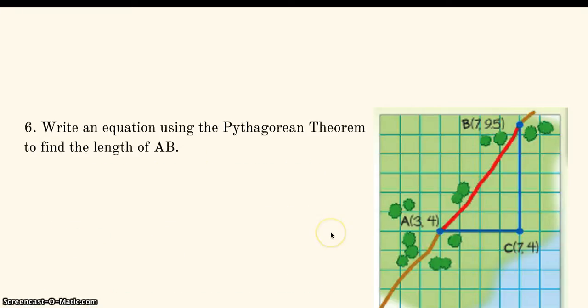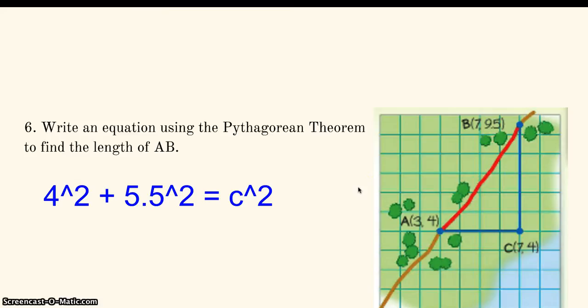And the last question. Knowing the distance of AC and BC, how can we use the Pythagorean theorem to find the length of AB? To find the length of AB, which is the red line, we're going to use the Pythagorean theorem by simply using the formula a squared plus b squared equals c squared.